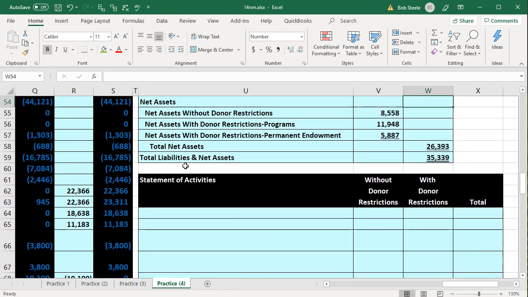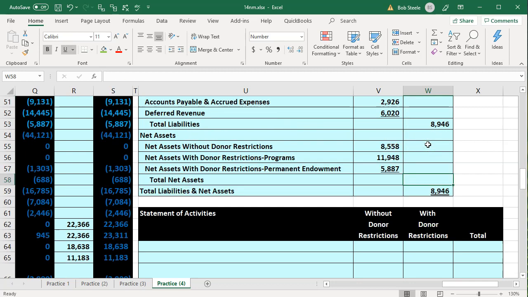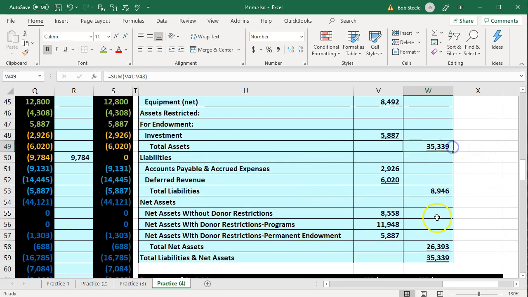Those three should, of course, add up to that 26,393. We can recalculate this and see if this number then ties out. So I can say this is going to be equal to the sum of these three, which would be that 26,393. And now this total assets ties out to total liabilities and net assets.